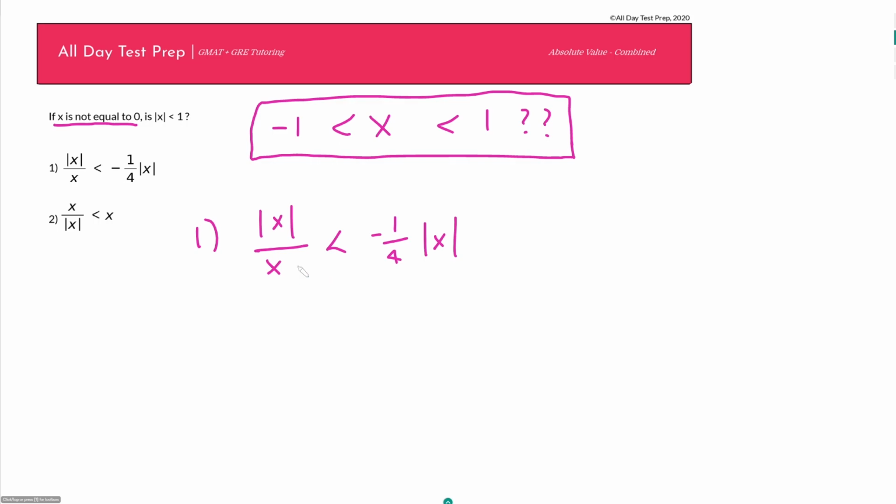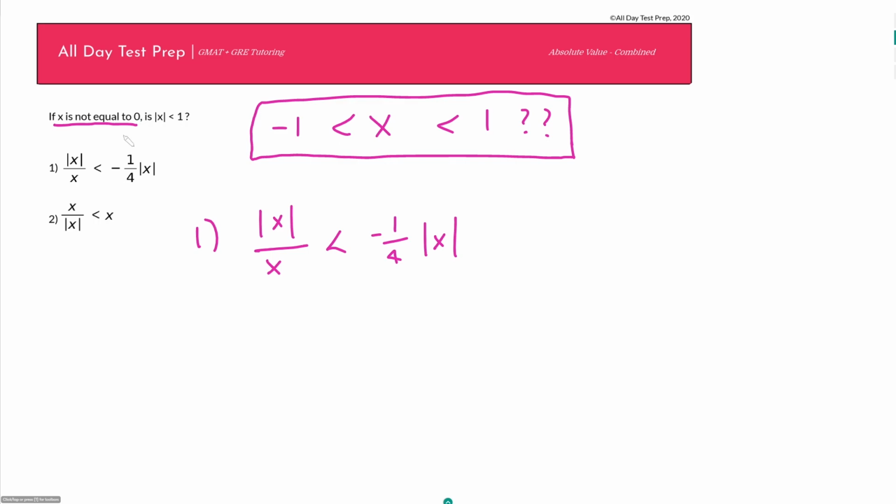And so I cannot multiply each side by x. So if I want to get rid of my fraction here, for example, the reason for that is, I know x is not equal to 0, but I have an inequality here. And so that means I also have to know something about the sign of x if I wanted to multiply each side by it, and I don't. And so I cannot do that.